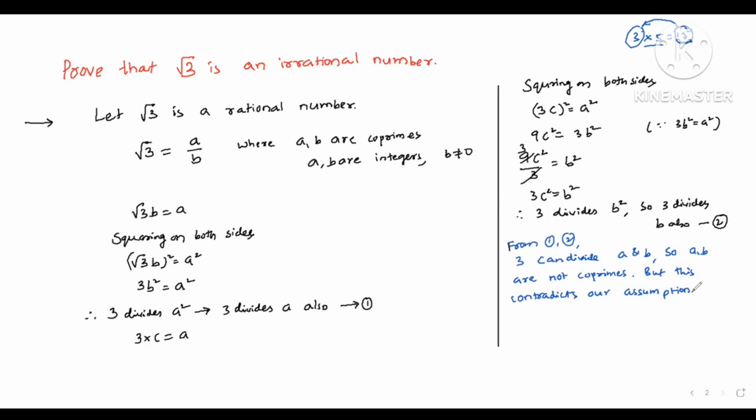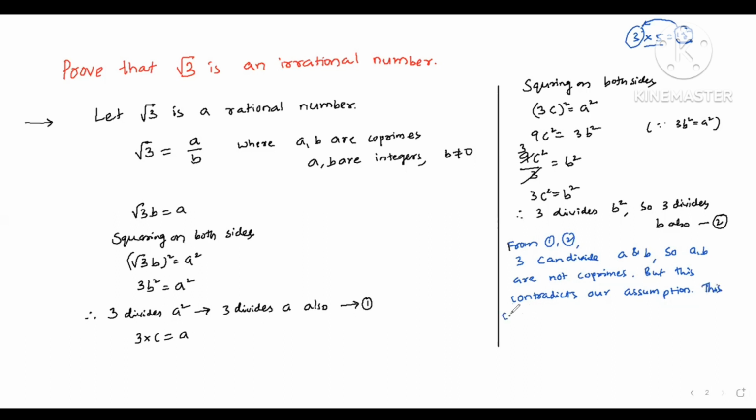What is our assumption? Root 3 is a rational number is our assumption. So our assumption is wrong. So what you can say? Root 3 is irrational. So 3 can divide a and b, so a, b are not co-primes, but this contradicts our assumption.